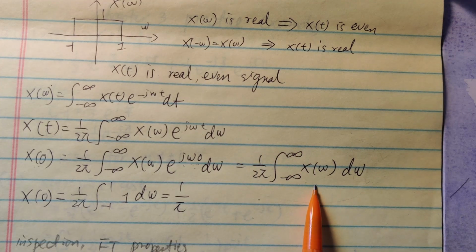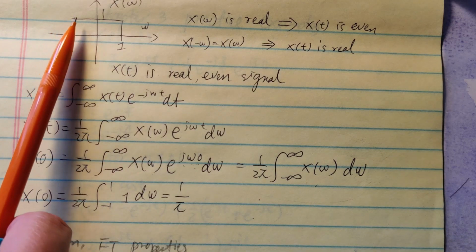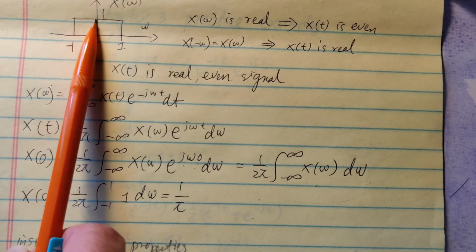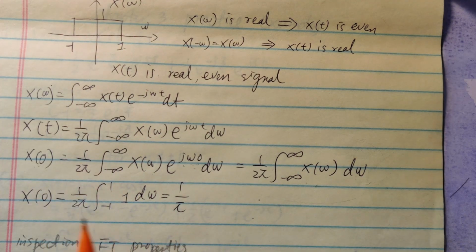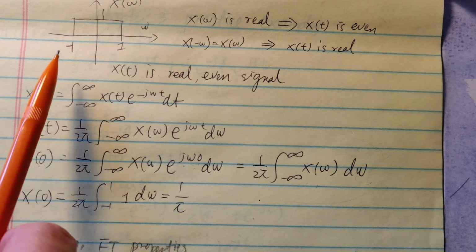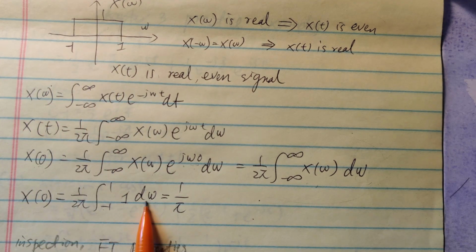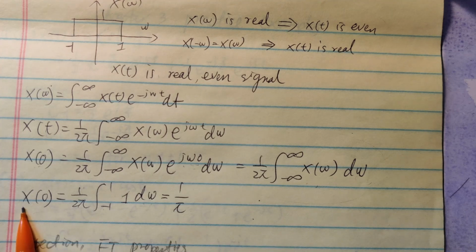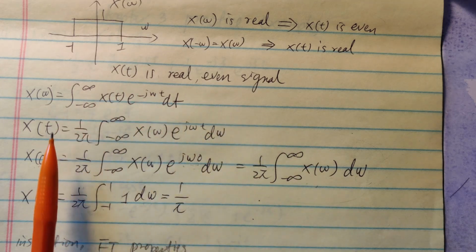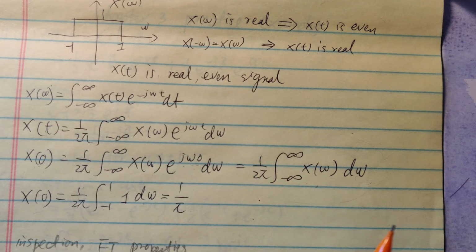So what is my X(ω)? X(ω) is here. So find the integral of this one. We can find x(0). So x(0) is 1 over 2π, integral from minus 1 to 1 of 1 dω. We get x(0) is 1 over π. So instead of calculating the inverse transform, you can find some important values of x(t) by just using the Fourier transform properties.